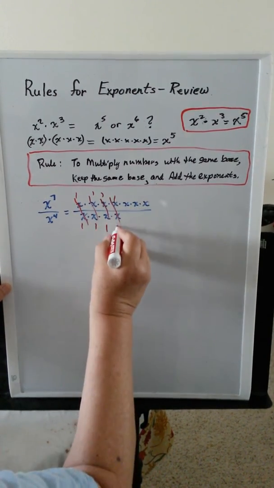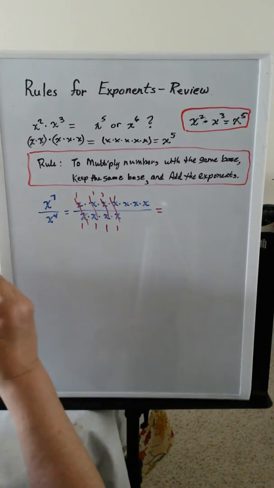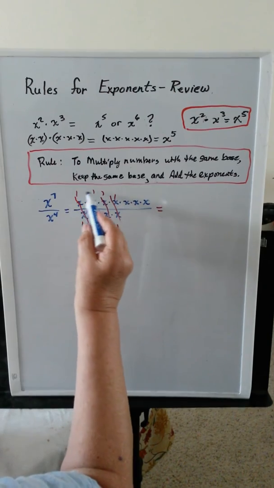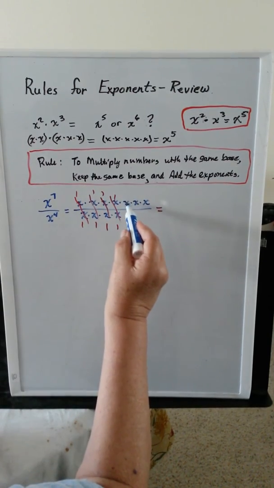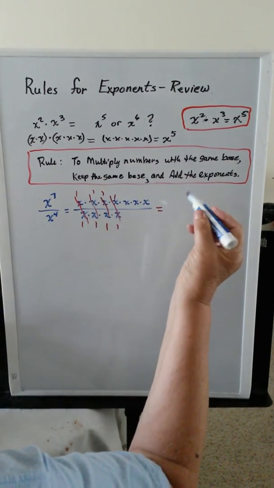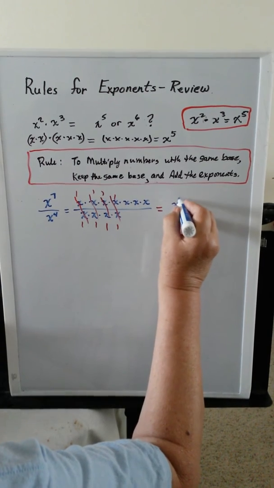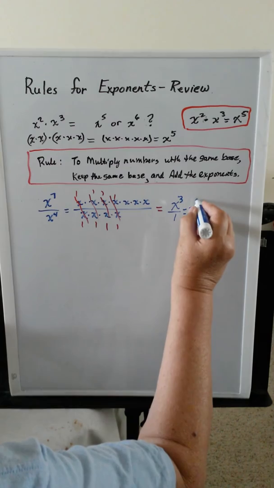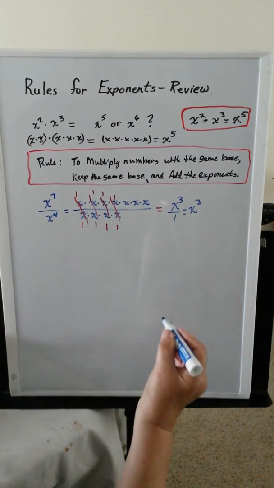That way this simplifies down to just 1 times 1 times 1 times 1 times x times x times x, and that's 1x to the third over 1, which is just x to the third.